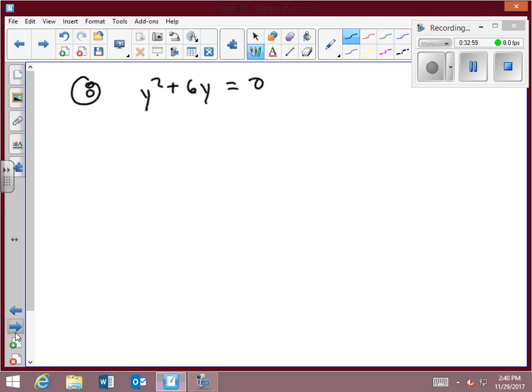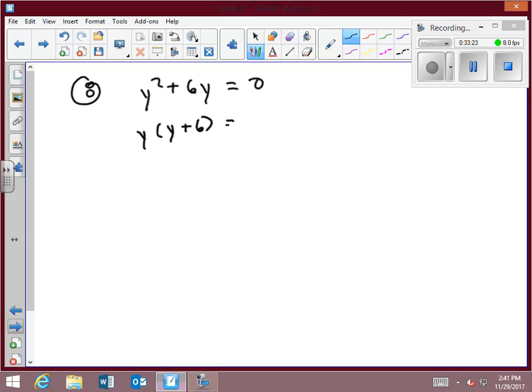The algorithm says descending order, leading term positive, 0 by itself. Then it says common factor. Is there a common factor? If you don't do that common factor, you'll never get it factored.